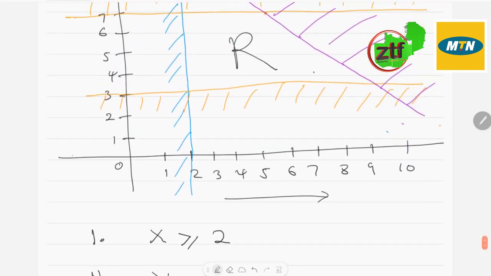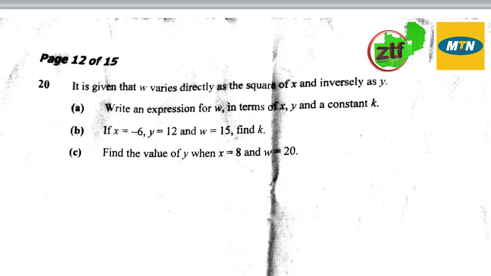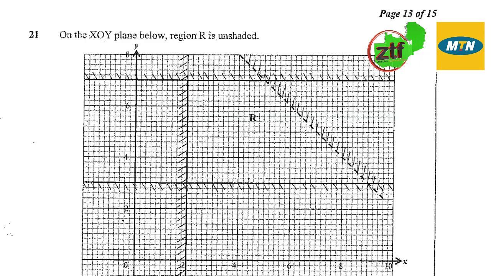But when you look at the wanted region, it is on the upper part of the line. So it implies that we are looking for values that are above 3, meaning starting from 3 going upwards. So y will also be greater or equal to 3, because we are dealing with a bold line.